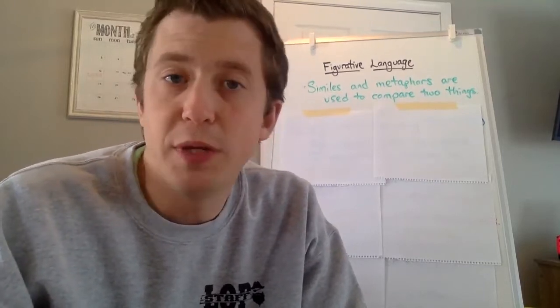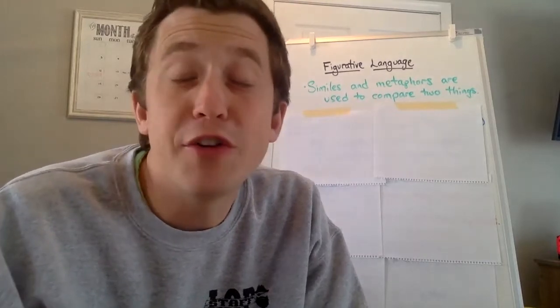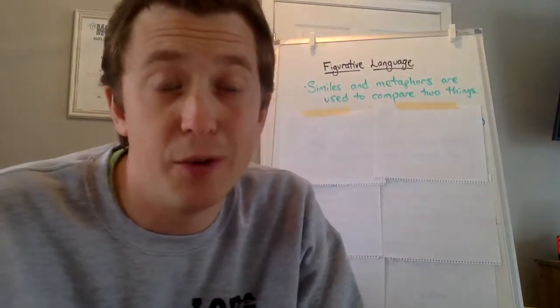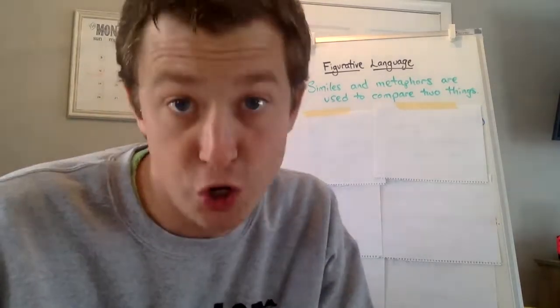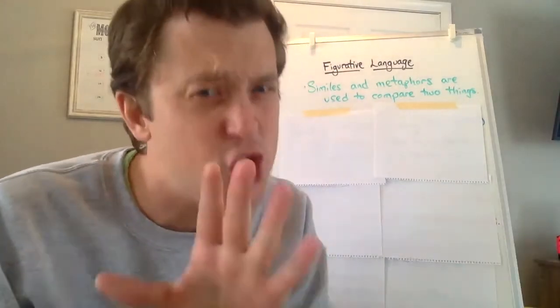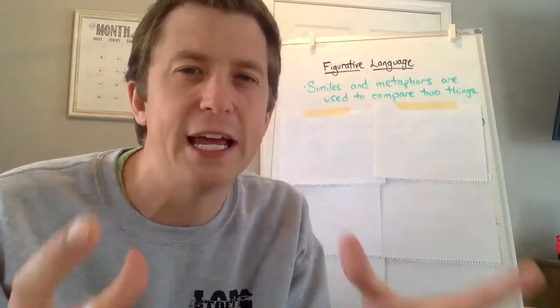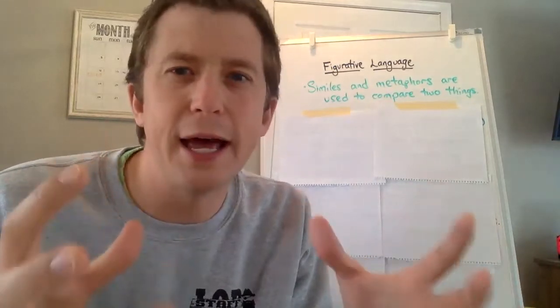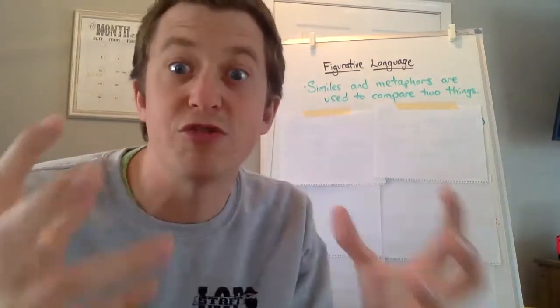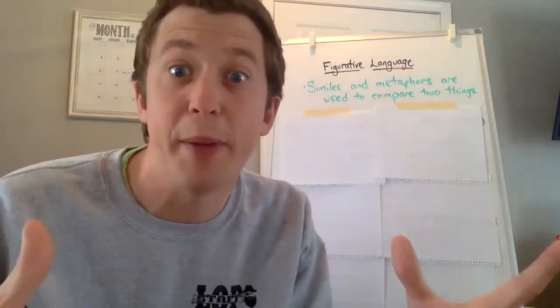Today, we are going to be learning about figurative language, which I like to call the juice of writing. The reason I call it the juice of writing is because figurative language is that part that is most interesting, that can really make writing jump off a page.